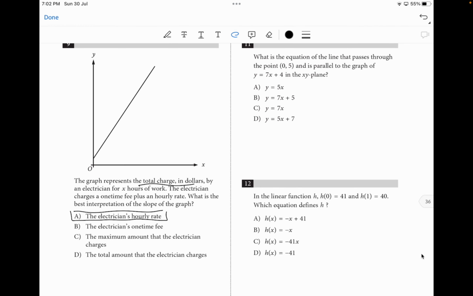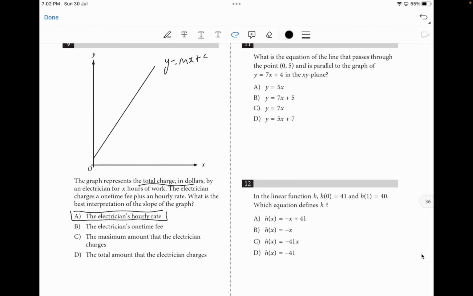So this makes the total charge, or let's say the y in dollars, for x hours of work, it can be represented using y equals mx plus c. This is where m is the slope of the graph and c is the y-intercept of the graph. So since the given graph represents the total charge in dollars by an electrician for x hours of work, it follows that its slope is m, or the electrician's hourly rate.